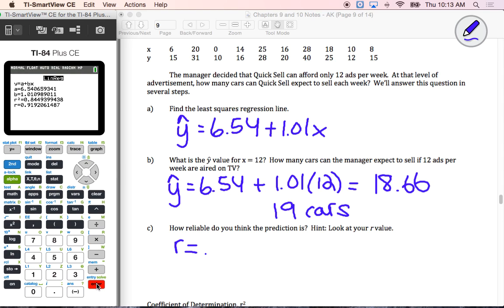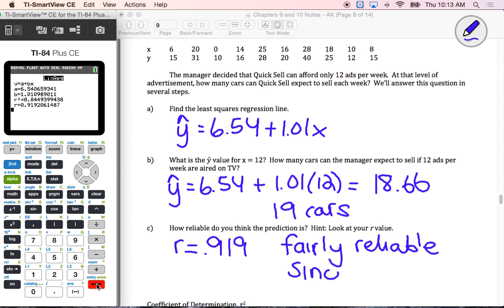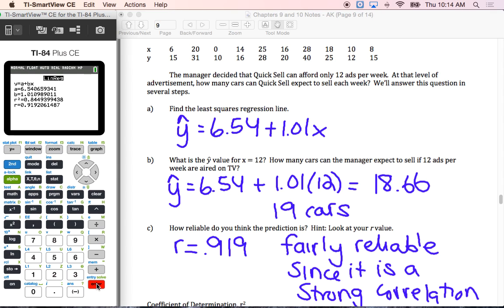So my R value is 0.919, so that's going to be fairly reliable since it's a strong correlation. Number closer to 1, the stronger it is.